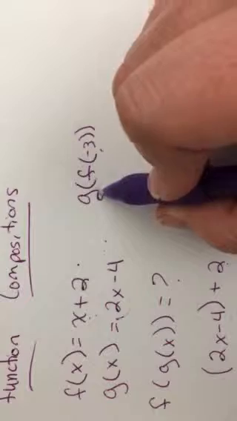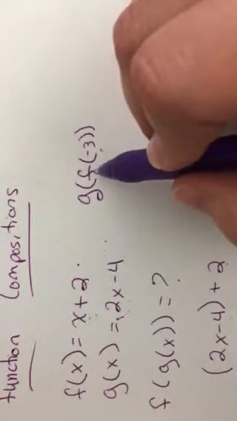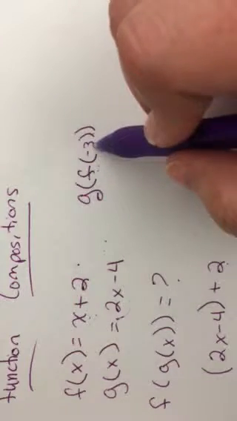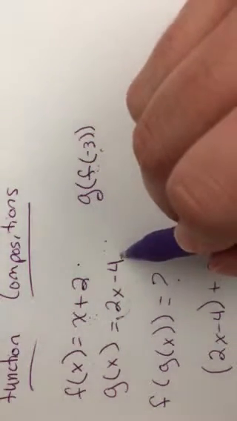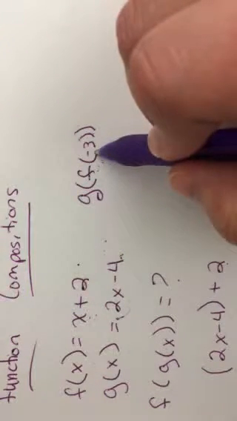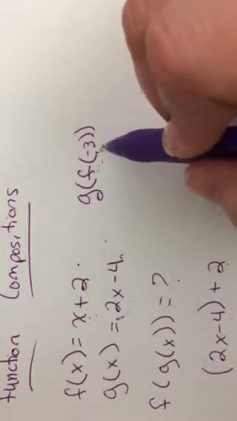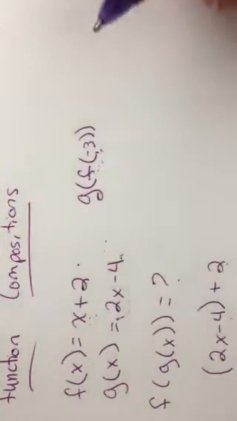And you'll see that we switch places with the g and the f. So we're going to be substituting in the f of negative 3 function into the g of x function. And by doing it this way and replacing our x with an actual value, we're going to get it simplified down to a numerical value instead of a simplified function.